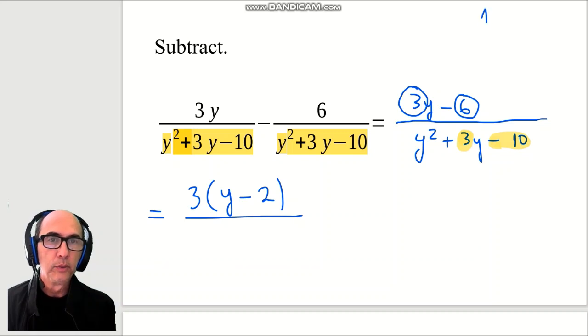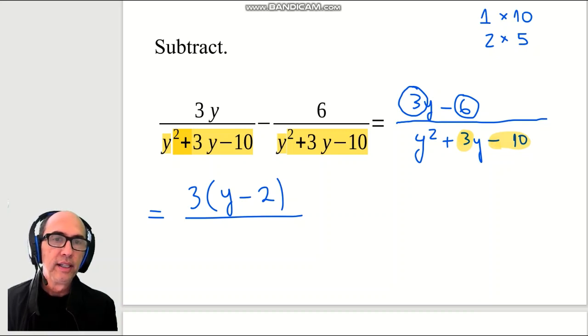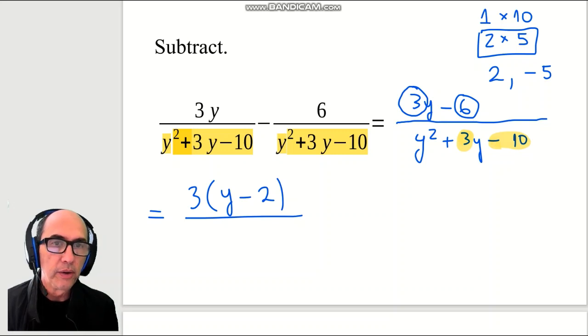Well, 1 times 10, 2 times 5, that's it, right? And the ones that we can combine to make positive 3, we need 2 and negative 5. 2 times negative 5, negative 10. Oops, the other way around. Negative 2 and positive 5. Negative 2 plus 5, positive 3. Okay.